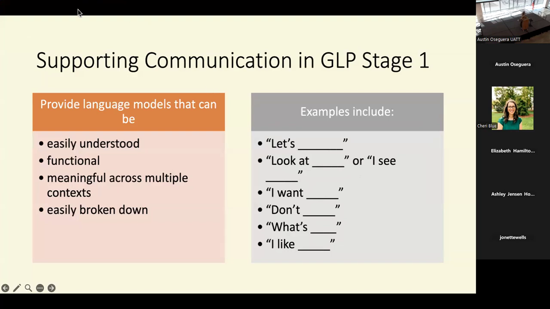Okay, so supporting communication for those who are in GLP-1. We want to provide models that are simple and easily understood, are functional, are meaningful across multiple contexts, and can be easily broken down. So you can see some examples of this. This is almost modeling an easy pickup script.